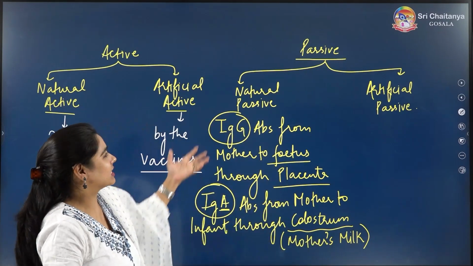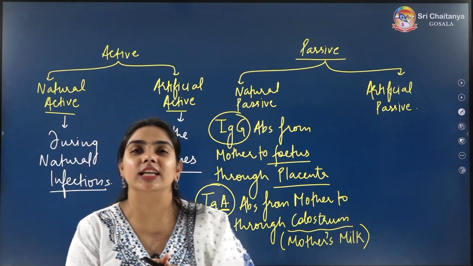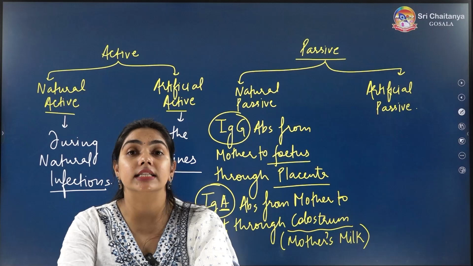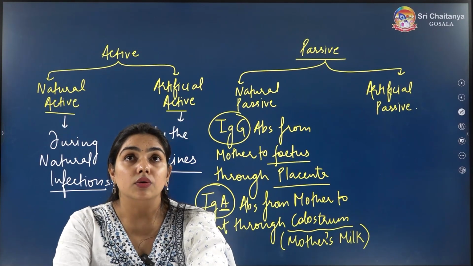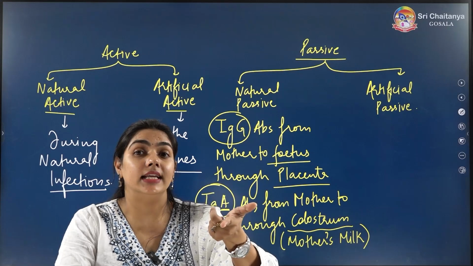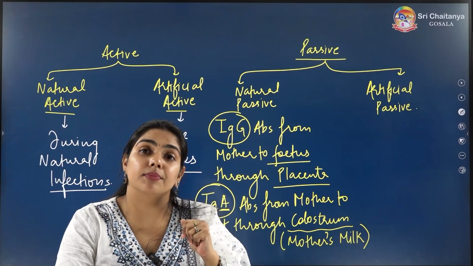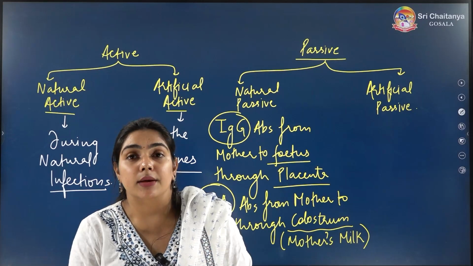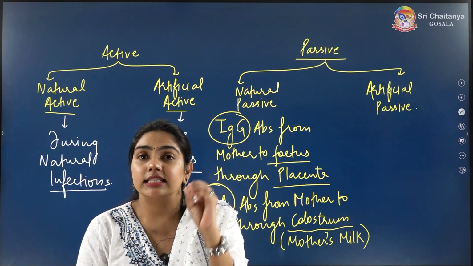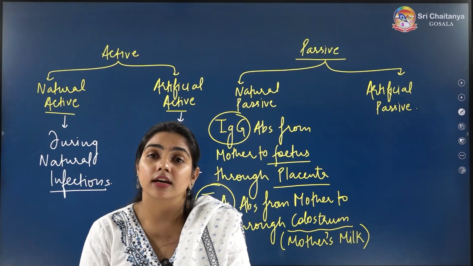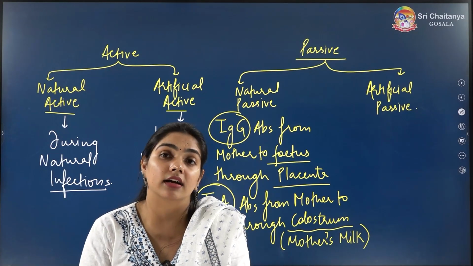All right. Anyways, now coming to artificial passive immunity. Artificial passive immunity is given when there is an emergency, whenever you require an immediate immune response. For example, a snake bite. In case of snake bite, the snake has injected the poison, the venom, which is very toxic, due to which death can occur.